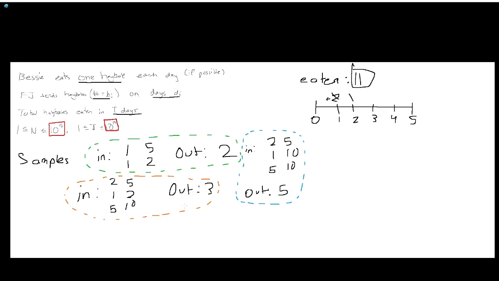Correct. Next one, we're going to have 2 deliveries. This time one's on day 1 and one's on day 5. So we get 2 on day 1, so she eats one and eats another, and nothing till day 5.